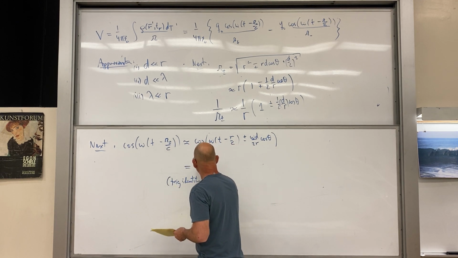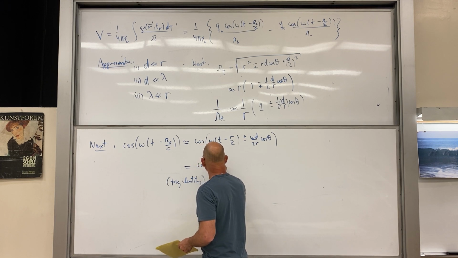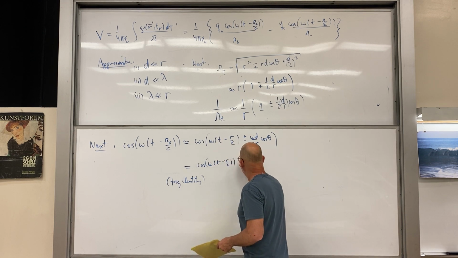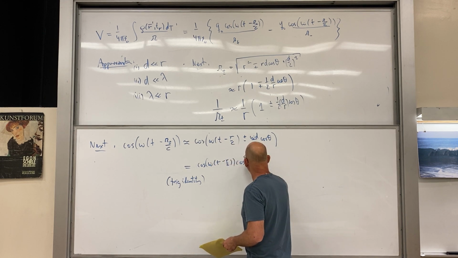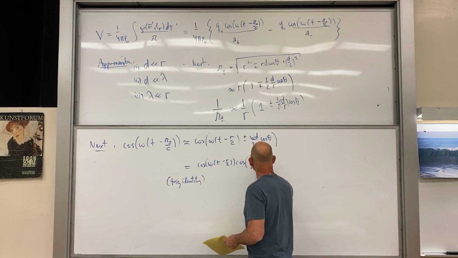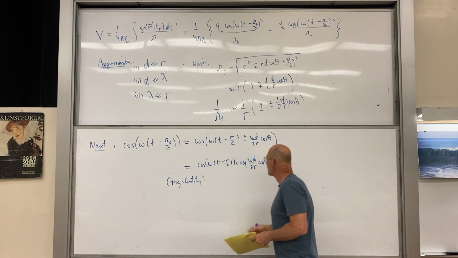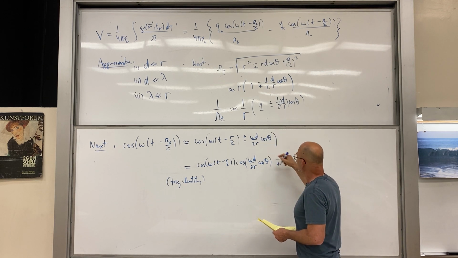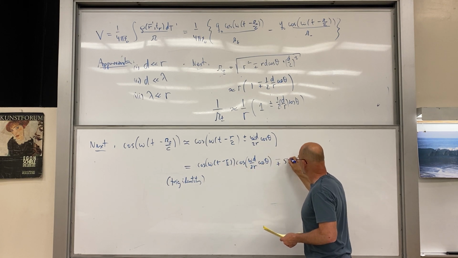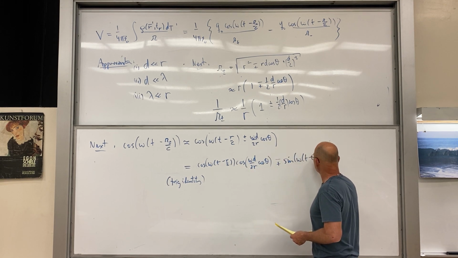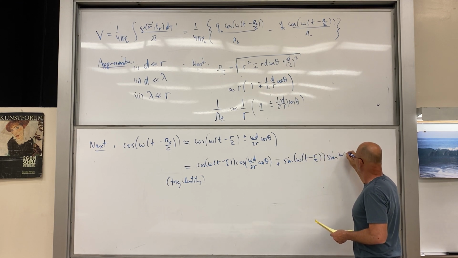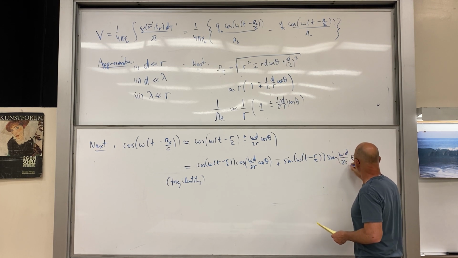We have cos omega t minus r over c cos omega d over 2r cos theta. And then we have a plus minus here, so we'll have a minus plus sine of the same thing. So sine omega t minus r over c sine omega d over 2r cos theta.